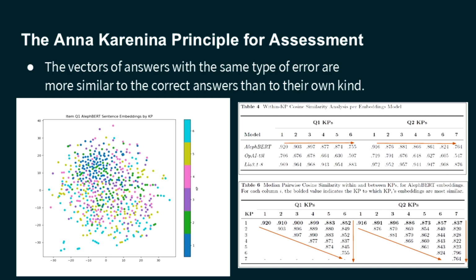This is supported in the bottom table, where you can compare the diagonal indicating the similarities of the same type of errors, and the top row is for the similarity to the correct answers, and we see the top row is consistently higher than the diagonal.